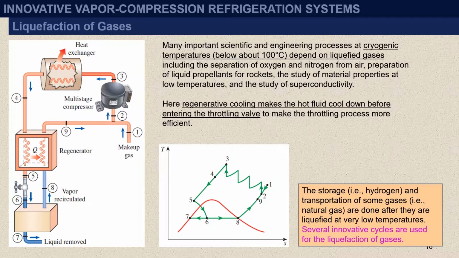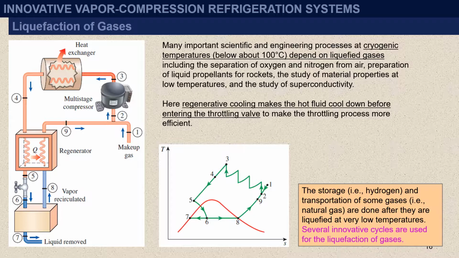The gas is further cooled in a regenerative counterflow heat exchanger by the uncondensed portion of gas from the previous cycle to state 5, and it is throttled to state 6, which is a saturated liquid-vapor mixture state.